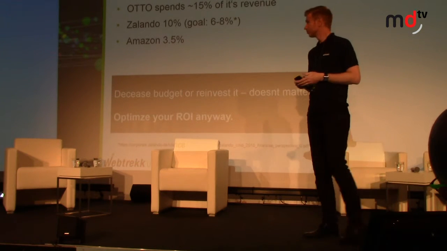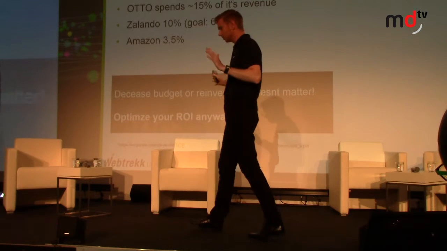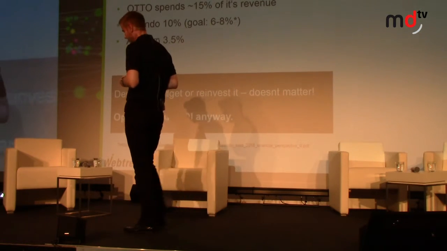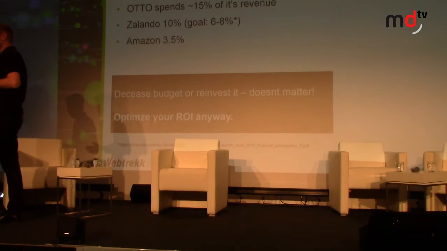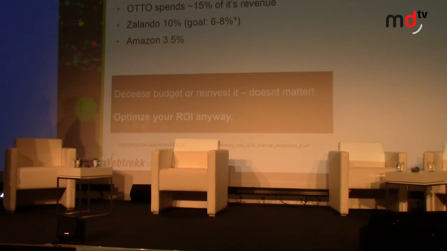Some more numbers. Otto spends around 15% of its revenue for marketing. Zalando at the time 10%. They are aiming for 6 up to 8%. And Amazon 3.5% roundabout.